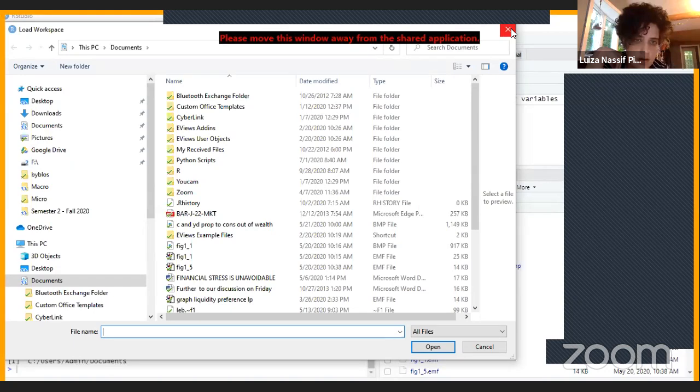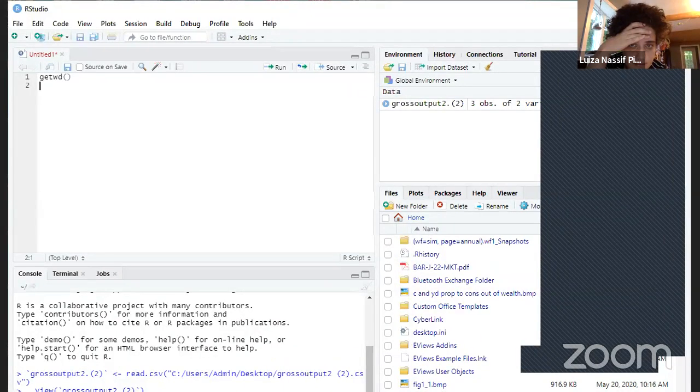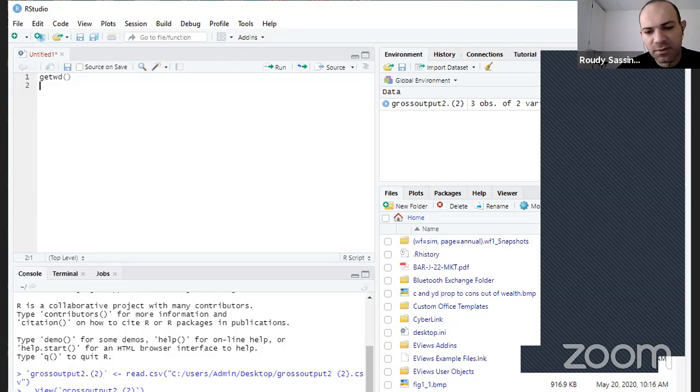Yeah, I downloaded it. It's on the desktop. Oh, so go on desktop on the left there. Let me start my computer.